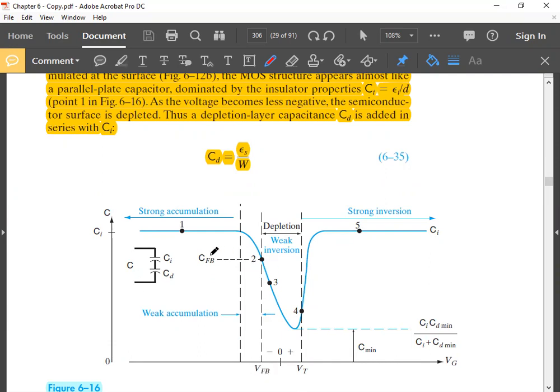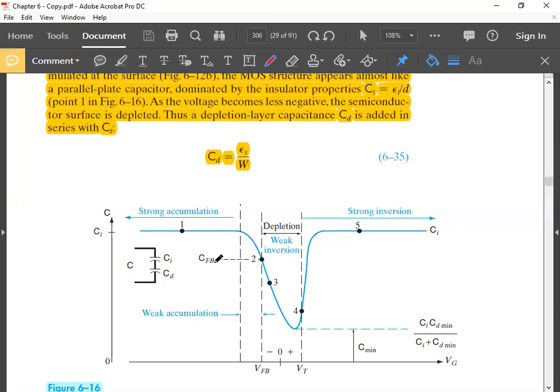So the capacitance corresponding to this flat band voltage is CFB. It's not mentioned here, but as per my understanding, in this case there is neither accumulation nor depletion. So CFB should correspond to Ci only.